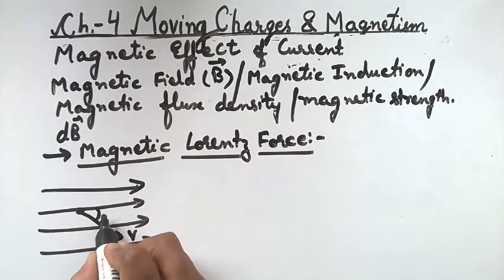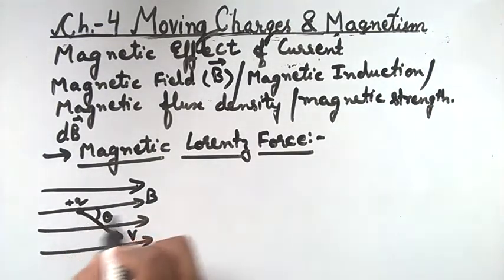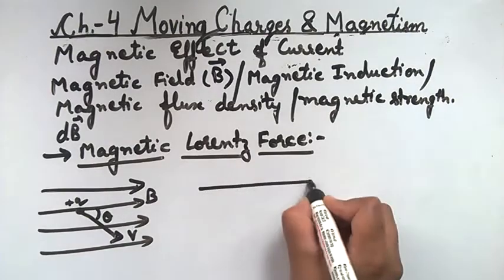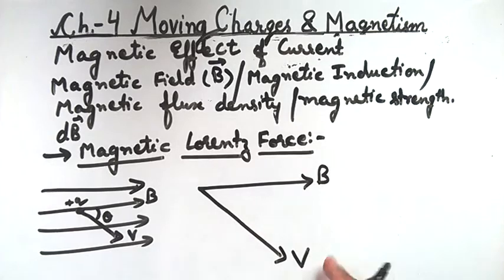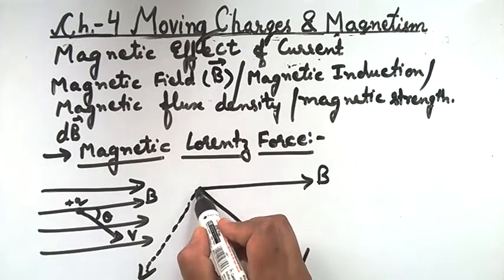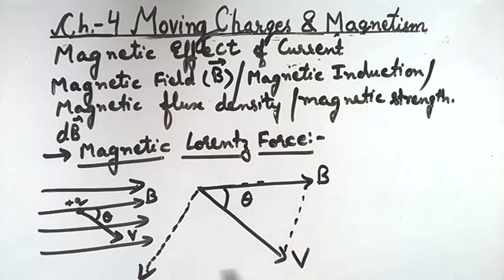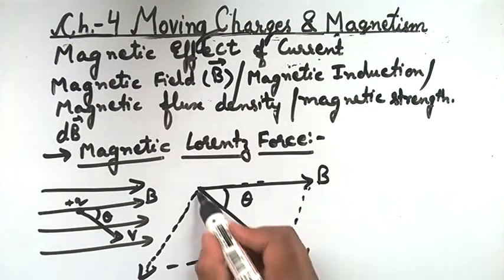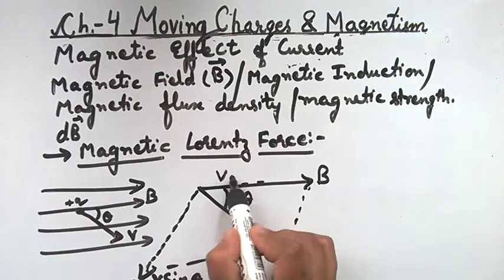Velocity of charge is making an angle theta with magnetic field. So the components of velocity are perpendicular component and horizontal component. Perpendicular component is v sin theta, and this is horizontal component v cos theta.